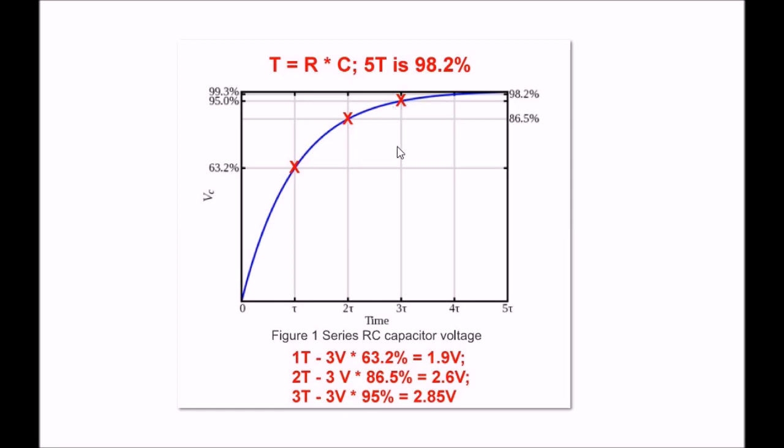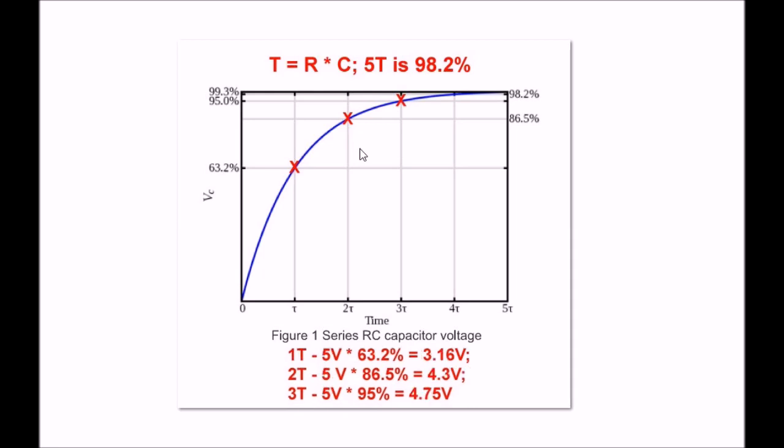Let's look at this problem again. But now we're going to go to 5 volts. 1T, 63% of 5 volts is 3.16 volts. Big difference. So most of your MOSFETs, if they're designed to fire right at 3 volts, should have turned on pretty well.